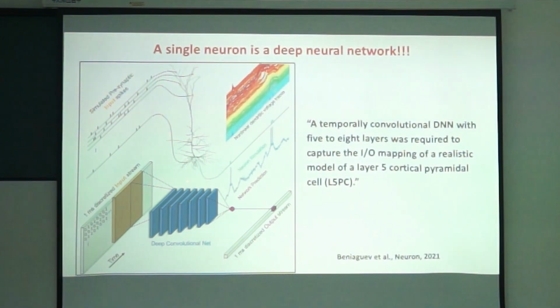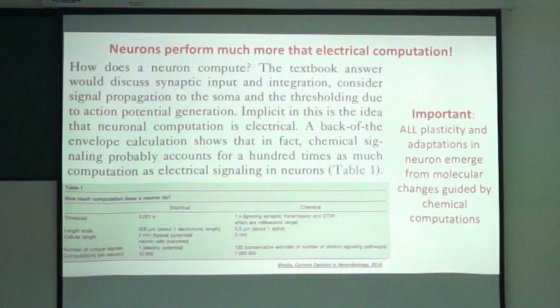It turned out the neuron with the active dendrites with NMDA receptors and other things required 5 to 8 layers of convolutional DNN for approximating to a realistic level the output of a layer 5 cortical pyramidal cell. Right? So that is the level of complexity that we are dealing with, and we are still in the third generation. There is one more generation to come.